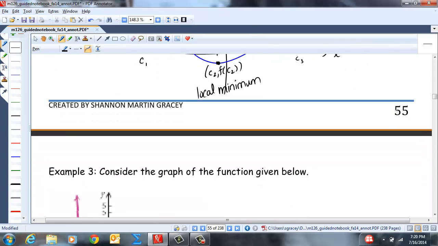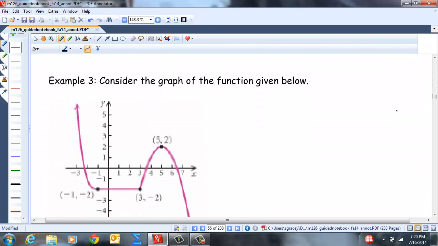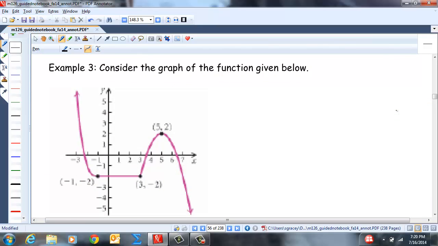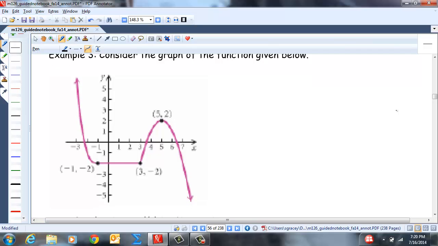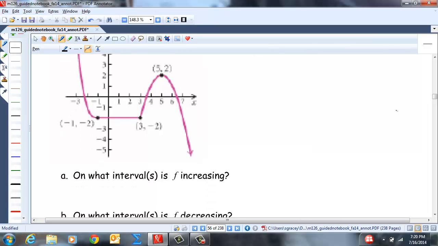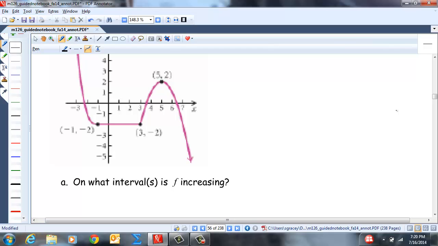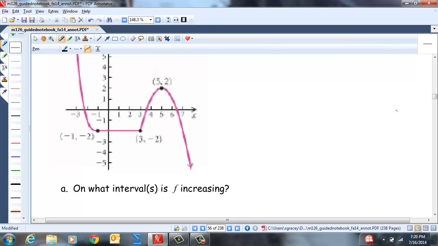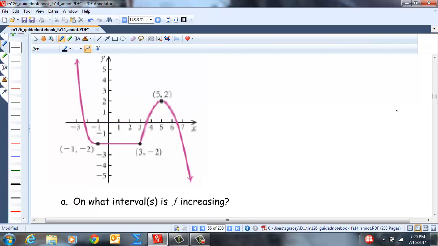So here's an example. Let's take a look at the graph of this function. I'm sorry it's not super clear, but you can get the gist of it. We're being asked to find on what interval or intervals the function is increasing. Remember, as we're moving from left to right, when is this guy going up?